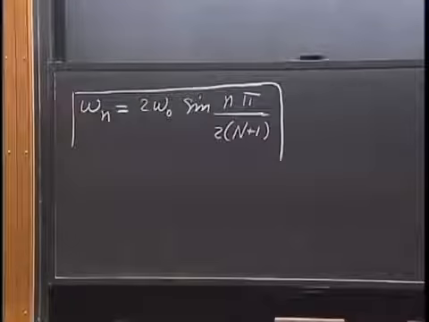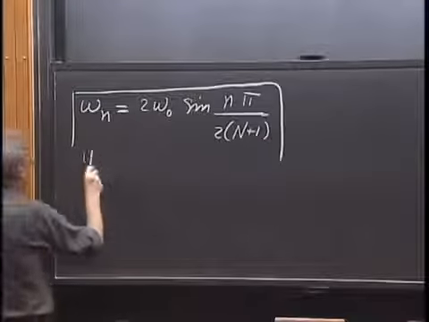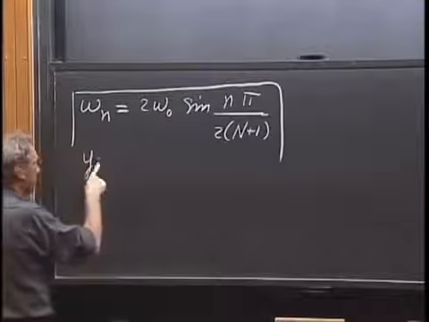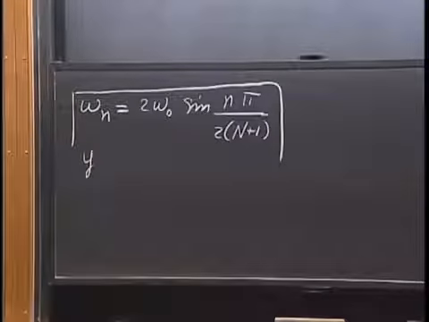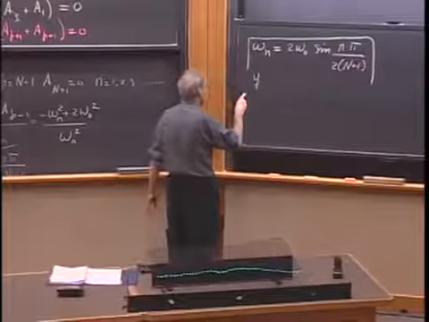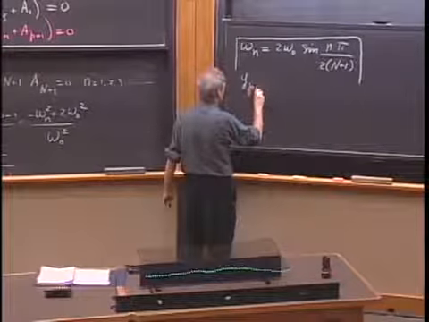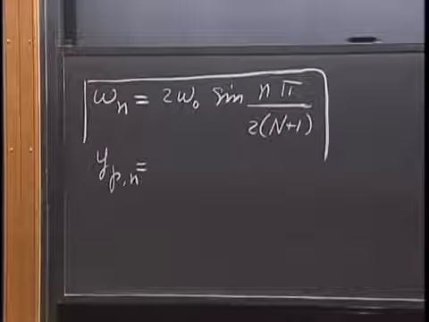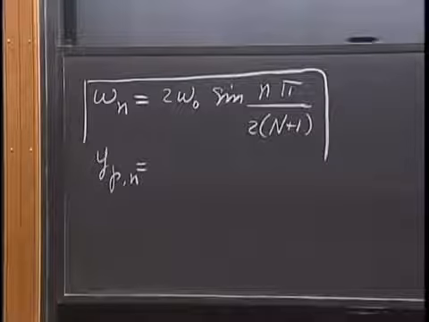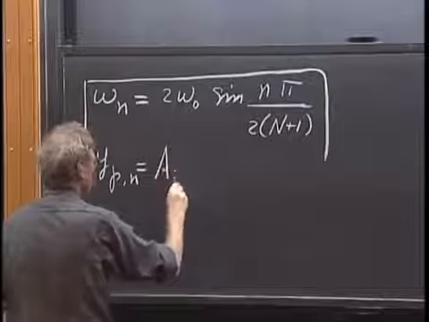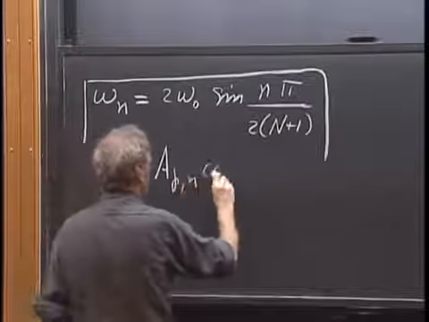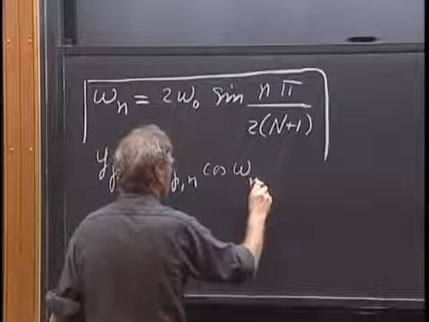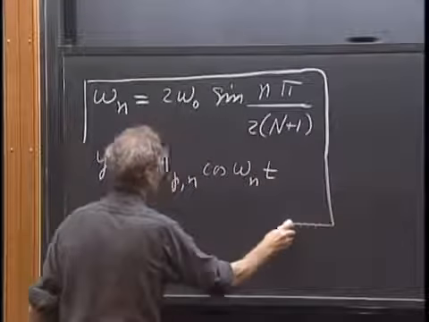And so you can write down now that y, which is the displacement as a function of time, a is amplitude, y is displacement for particle p in mode n. And now we can put in the amplitude that we know, that is the Pn amplitude, a Pn, and now it's going to oscillate with cosine omega n times t.